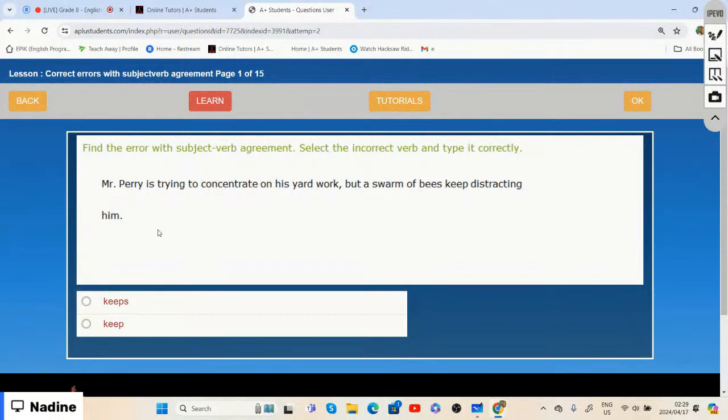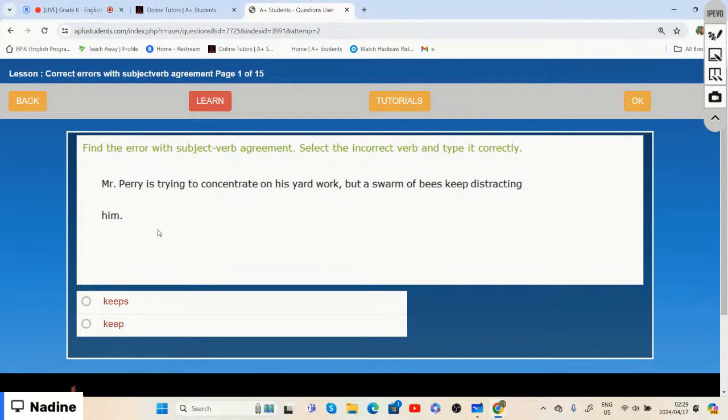All right, Mr. Perry is trying to concentrate on his yard work, but a swarm of bees keep distracting him. So do we say the swarm of bees keep distracting or keeps distracting him? So keep or keeps.